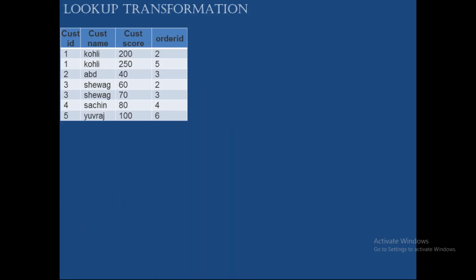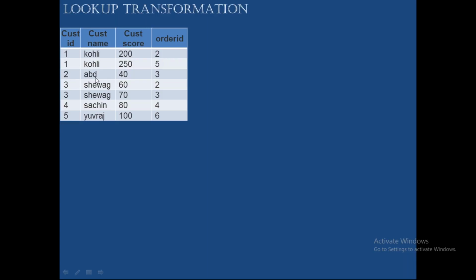Okay. So lookup transformation. By using lookup transformation, I have these cricket players' scores. So cricket players, their credit score. Credit score means, as we discussed yesterday, they have purchased different credit cards, and depending on the orders, their score will increase. Let's say Kohli has a credit score of 200 when he has placed order ID 2. Kohli's score is 250 when he has placed order ID 5.